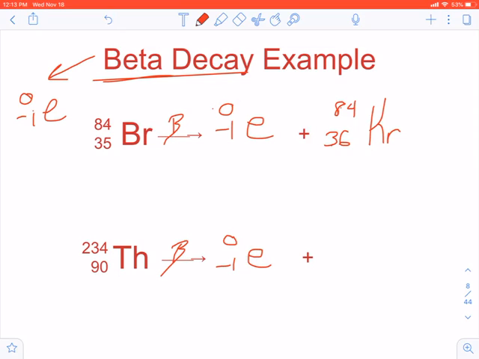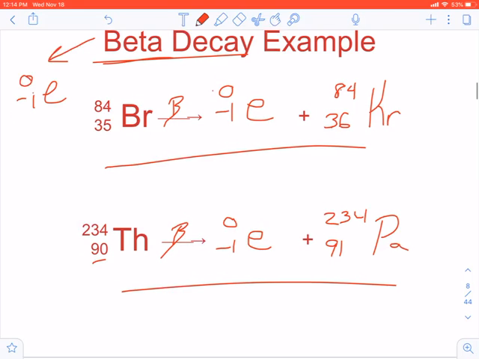What plus 0 gets me 234? 234. What plus a negative 1, or what minus 1, gets me 90? That's 91. If I look at the periodic table and find number 91, I know that that's Pa. Again, these are only going to get easier with practice, and we're definitely going to do that.